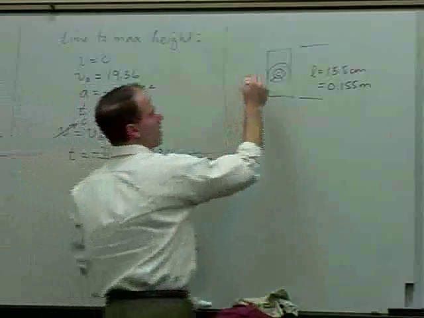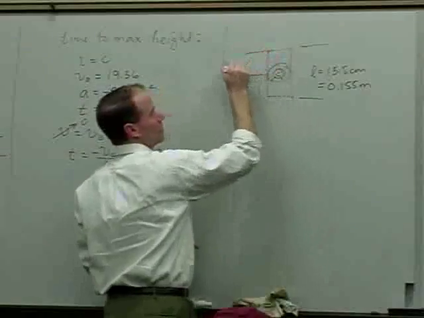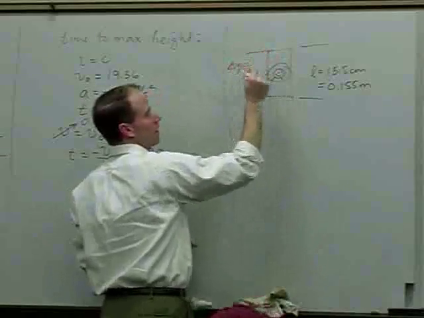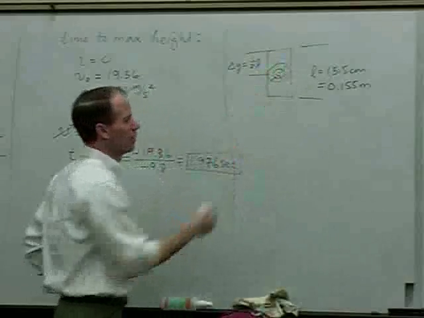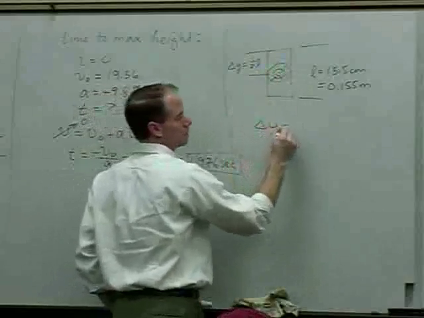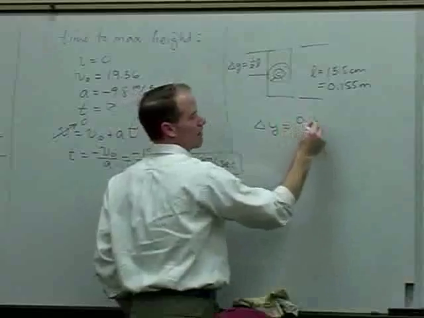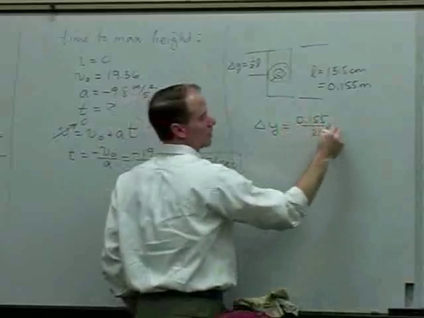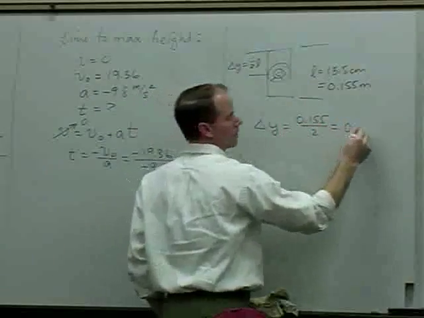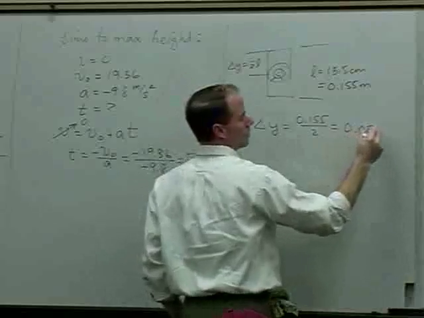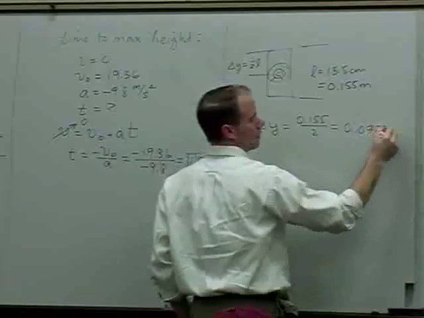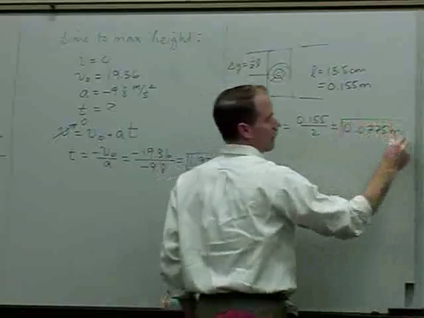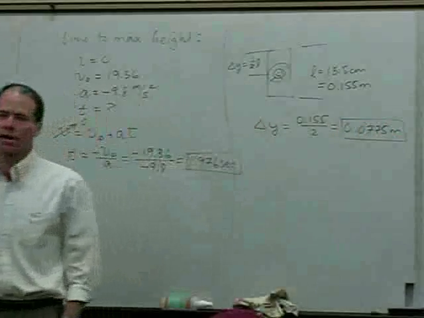So the distance we're talking about is a displacement, delta y, of 1/2 the length of the dollar bill, 1/2 L. So delta y is going to equal 0.155 meters divided by 2, or 0.0775. That's our delta y.